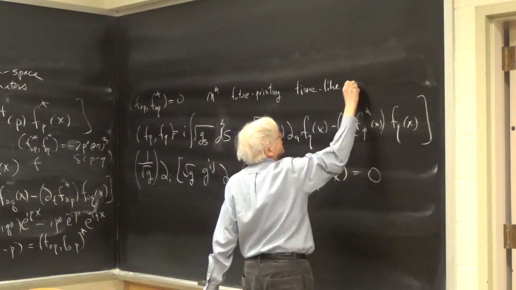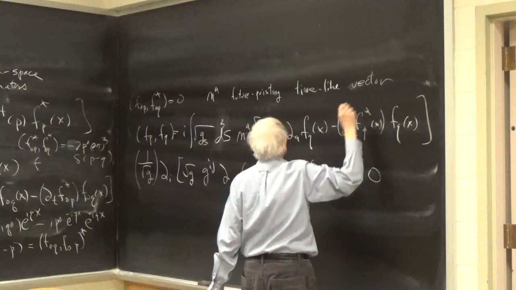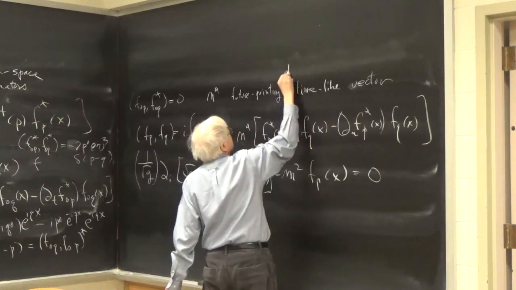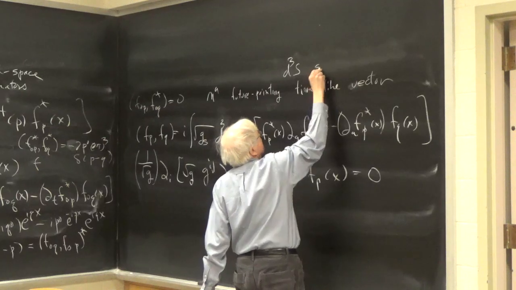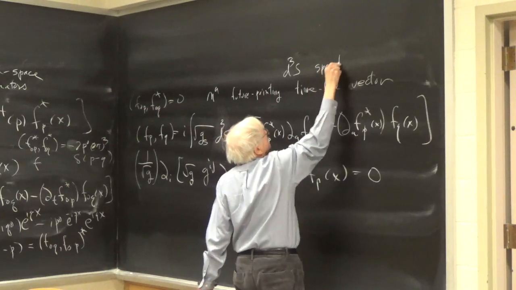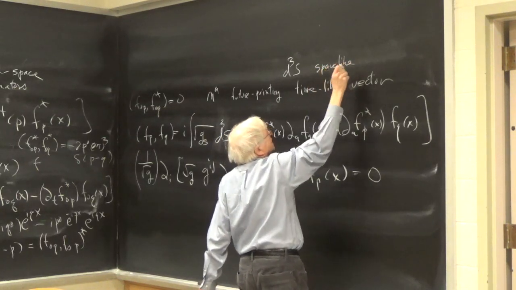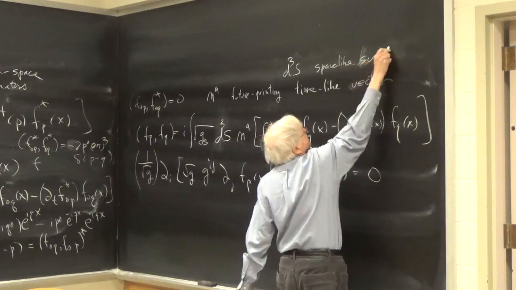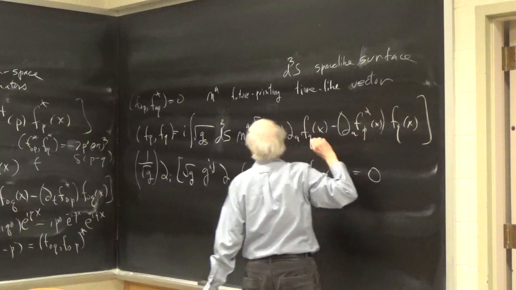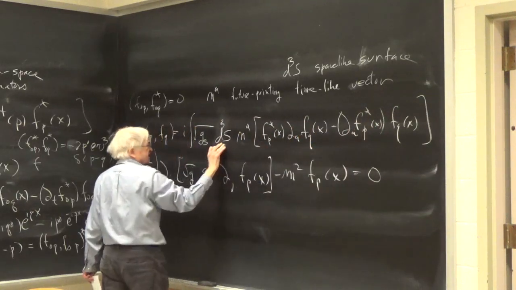Okay. And d cubed s is a space-like hypersurface, or let's just call it a surface. So this is the analog of d cubed x.